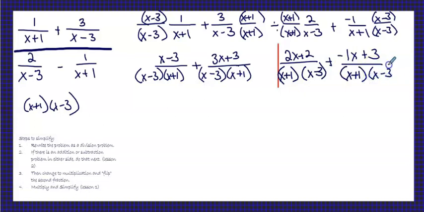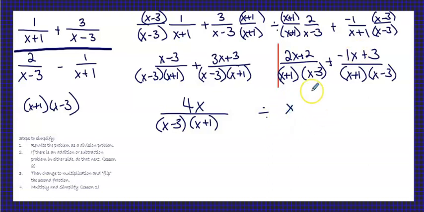One more step. I'm going to combine like terms here. x plus 3x is 4x. Minus 3 plus 3 is 0, so I don't need that. And then this is divided by 2x minus 1x is x, and then 2 plus 3 is 5.